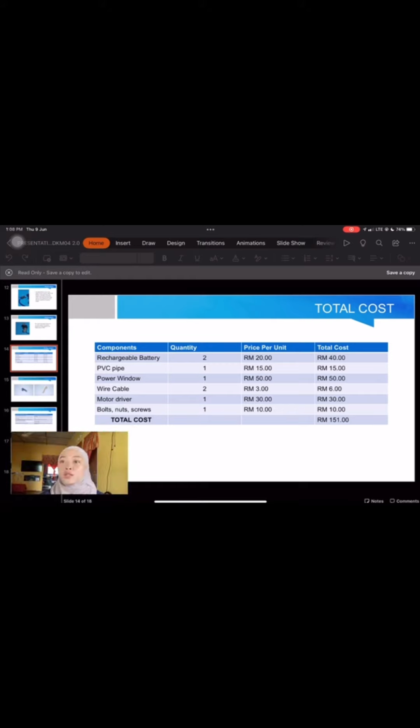Okay, and the total cost of the product. Number 1, rechargeable battery. Quantity, we are using 2 batteries. Price per unit 20 ringgit. Total cost 40. And next, PVC pipe for the cover. We need 1. Price per unit 15 ringgit.